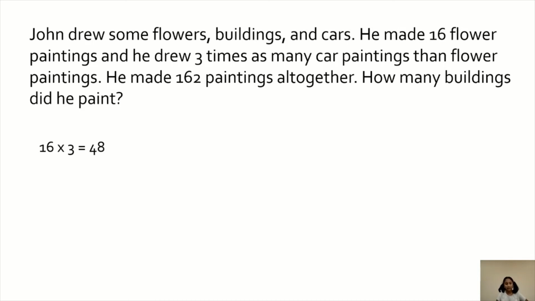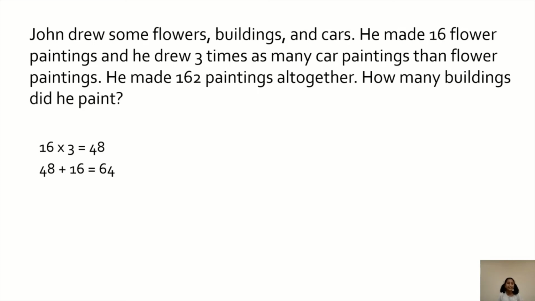We're going to solve that. But for now, just add 48 and 16. I'll give you some time to think. Are you guys ready? I hope you are. 48 plus 16 equals 64.